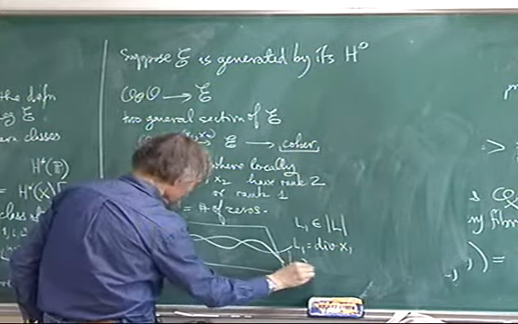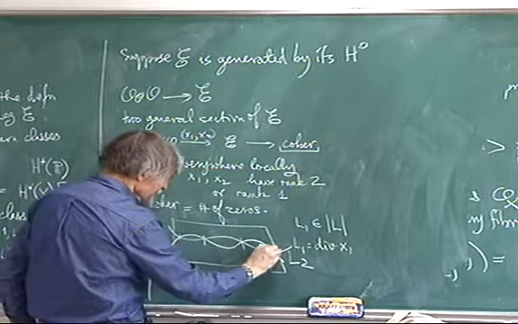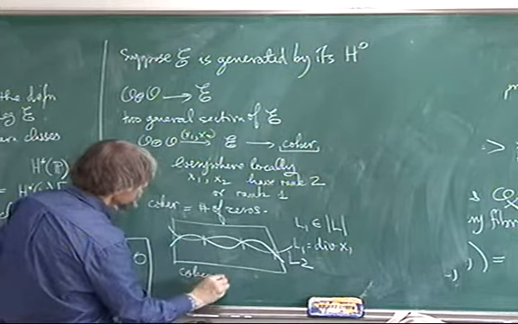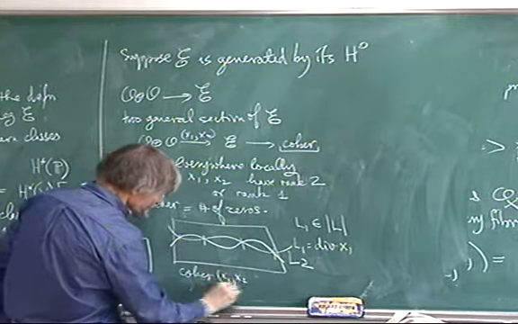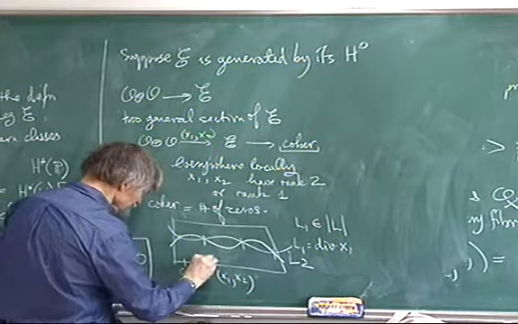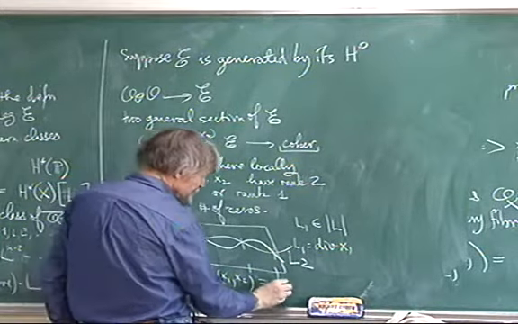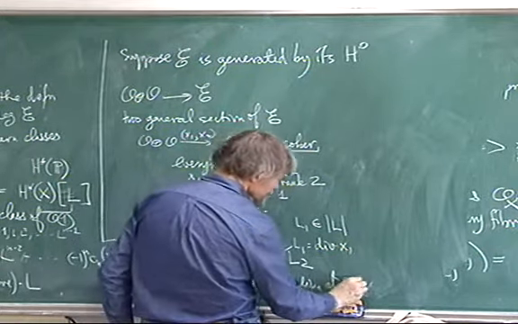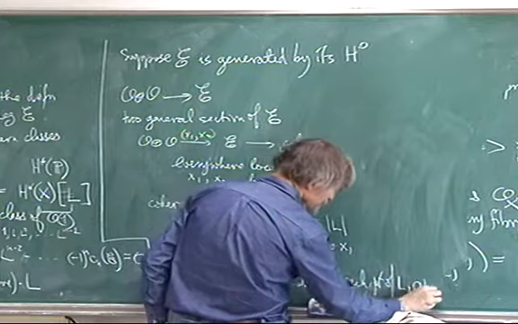Right, this is L2. And then there are a finite number of places on the base curve where the co-kernel of this map, right, is just a one-dimensional vector space at each of these points. At each point of L1 intersect L2.